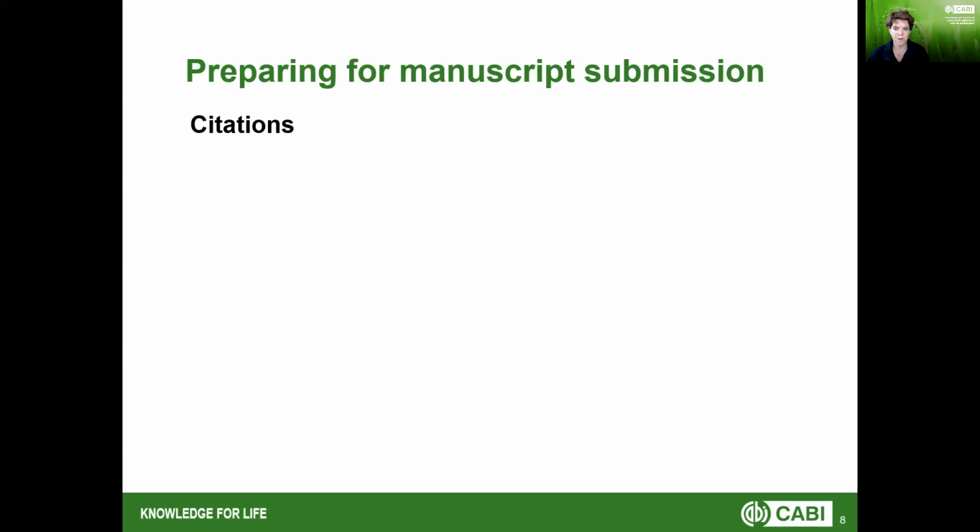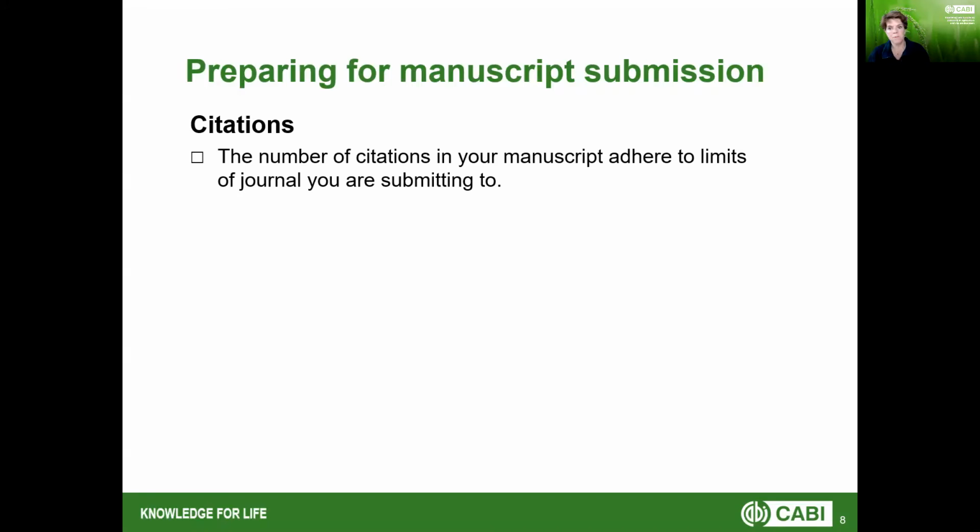Another thing that you need to check, I told you, these are really long lists, but they're important to do. Make sure that the number of citations that you have in your text are within the limits of the journal you're submitting to. Every journal is different.